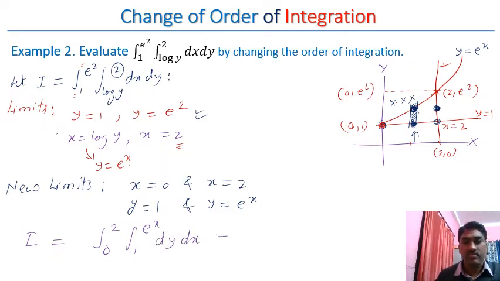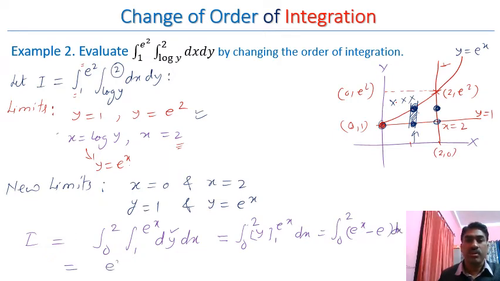You can see this is very easy to integrate. First integrate with respect to y, so this will be y from 1 to e to the power x is the limit. Put the limit, so the integral from 0 to 2 of e to the power x minus e, this, and now you can integrate with respect to x.